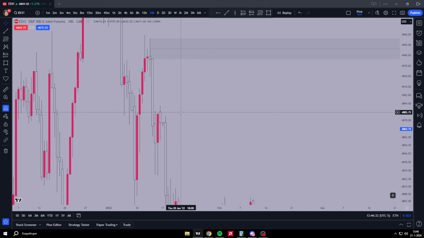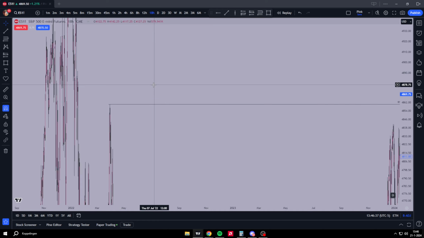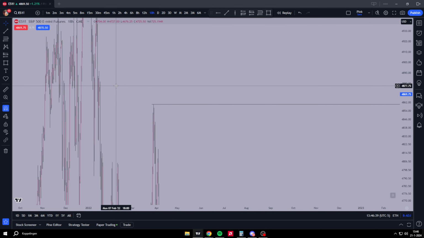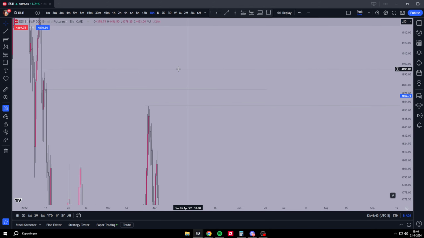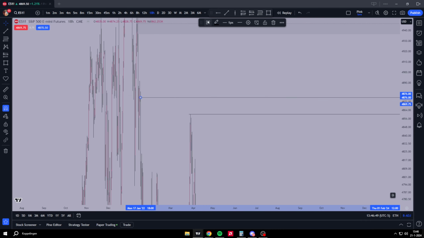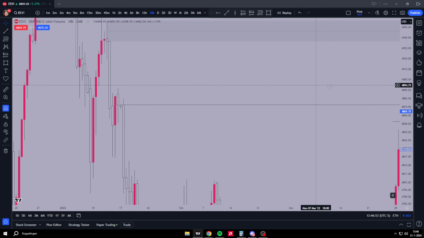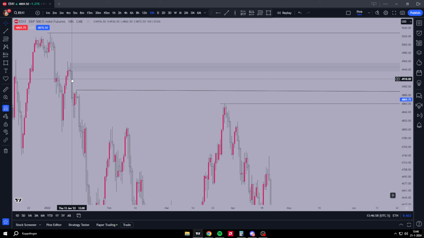Could mark that out if you want to, but let's just do it as our rejection block. There. There. We could mark it out as buy side. But that would be a really small speed bump. I would just mark this out because we have an imbalance there.